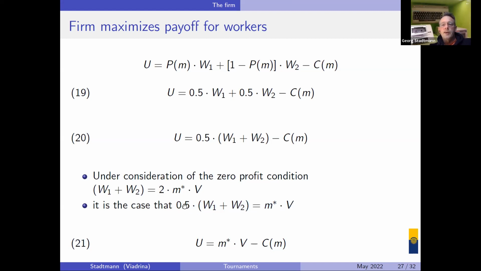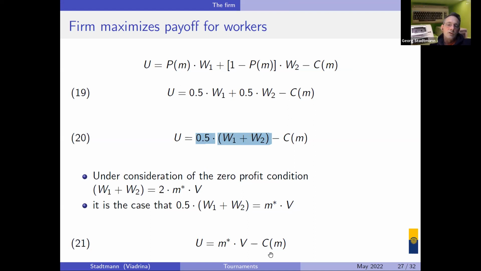And then we can combine the utility function and the zero profit condition. We can put M star V and insert this into the utility function. So we take the zero profit condition and insert this into this part.